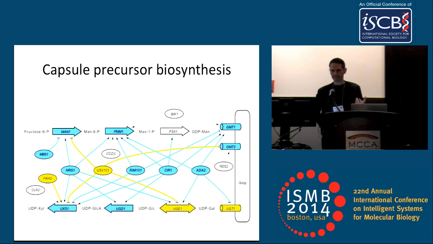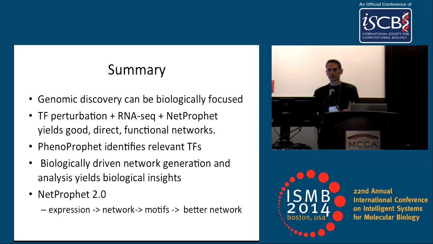I could talk about this network all day, but I think that gives you a good feeling for some of the analyses that we've been able to do with it and some of the insights that we've had. So I want to summarize by saying that genomic discovery can be biologically focused. It's possible to do genomics with a pull style rather than a push style of data generation.